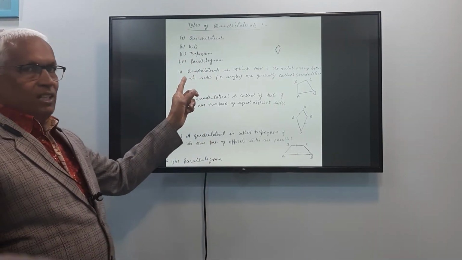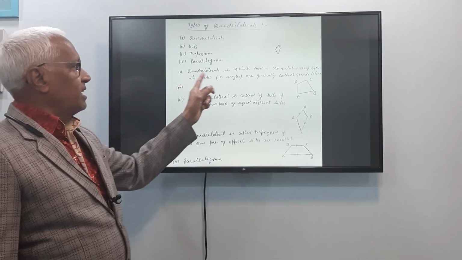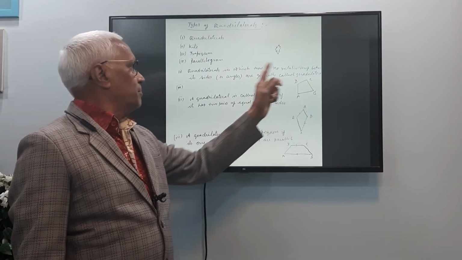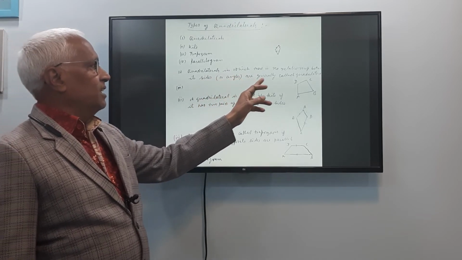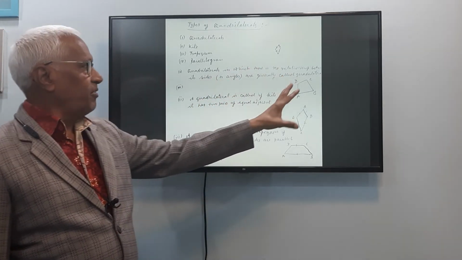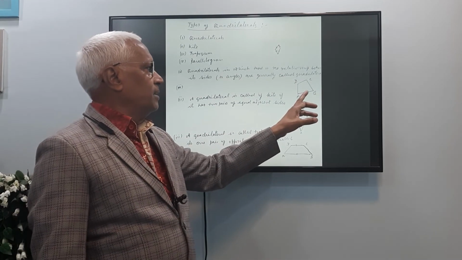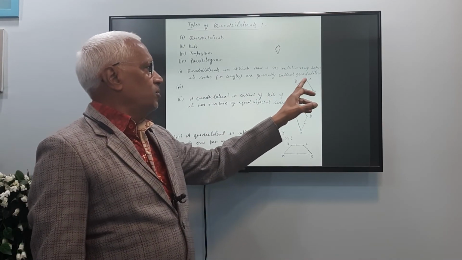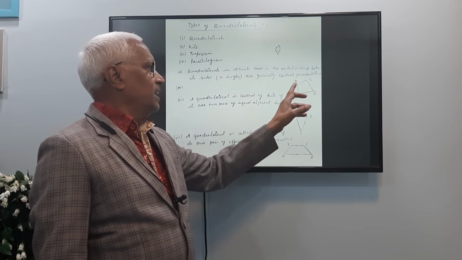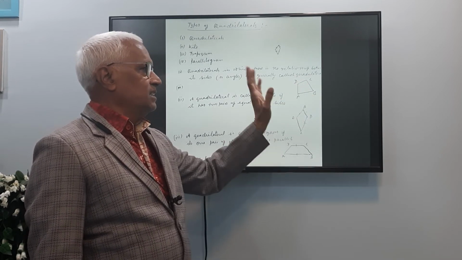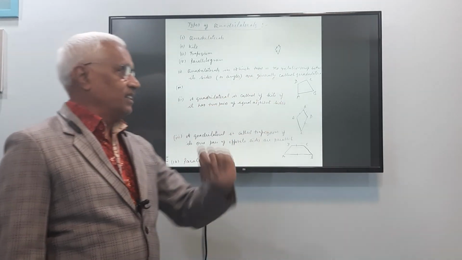Generally, we call quadrilaterals those in which there is no relationship between sides or angles. In this quadrilateral ABCD, we don't have any relation between any of these sides or any of these angles. Simply we call them quadrilaterals.